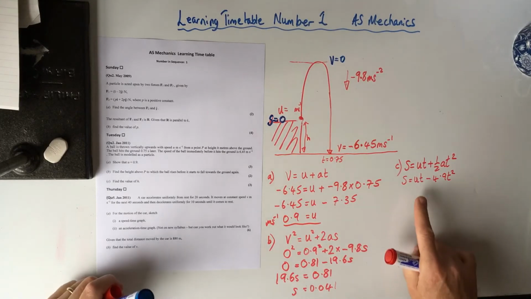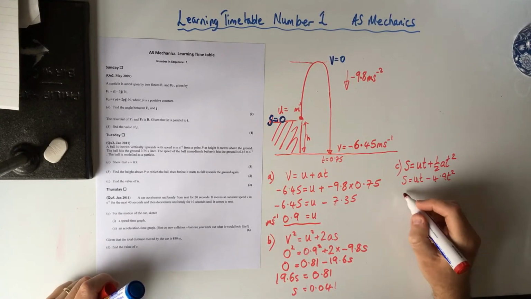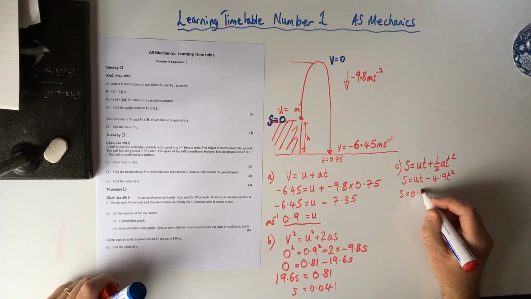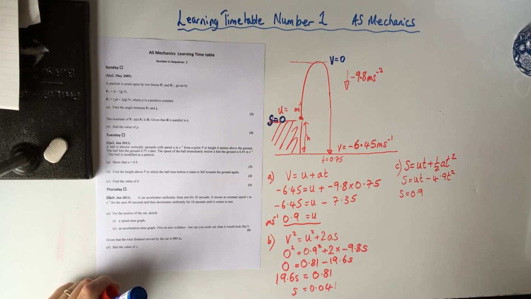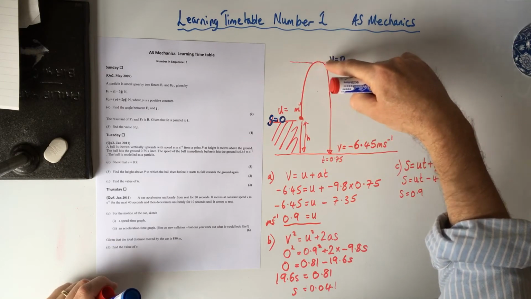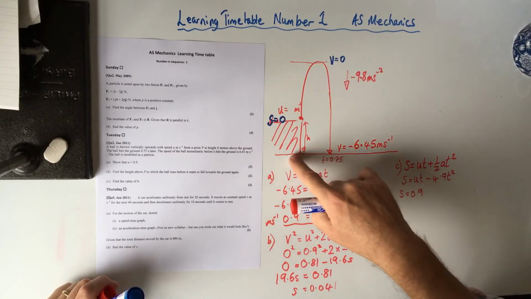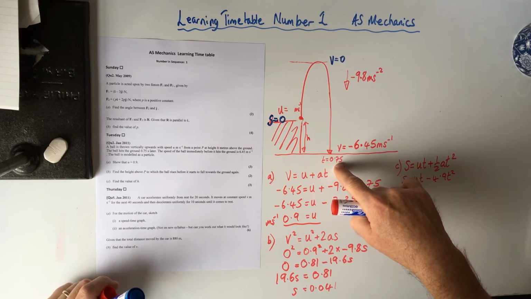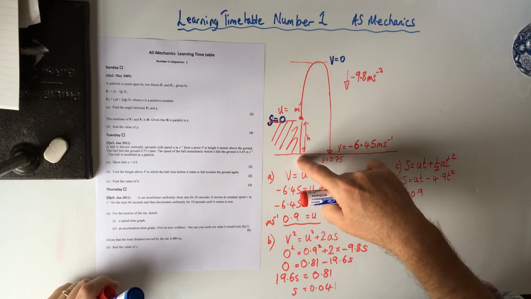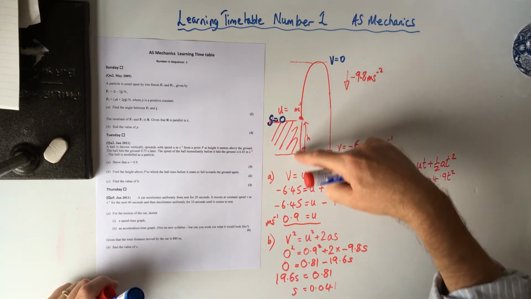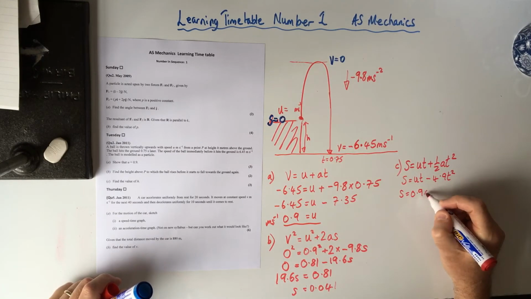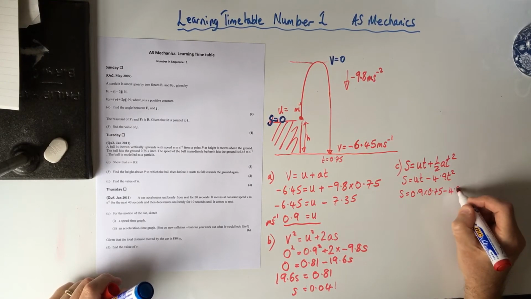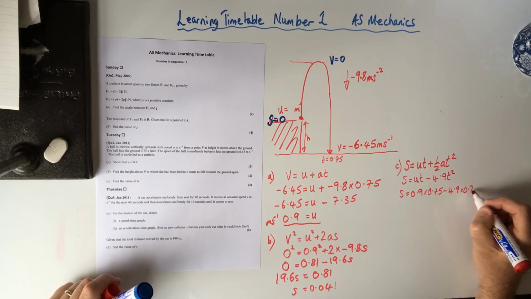Now we know that the initial velocity is 0.9. We want to find the displacement after this time, don't we? Because at 0.75 seconds it's at the bottom here, and that will tell us this displacement here at that time. So s is equal to 0.9 times 0.75 minus 4.9 times 0.75 squared.